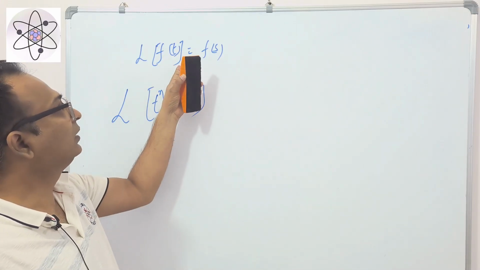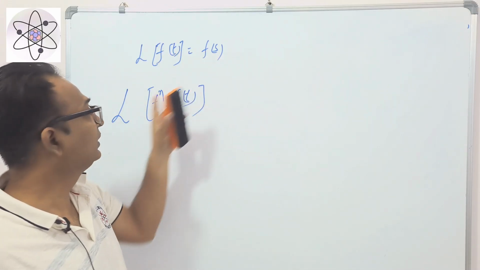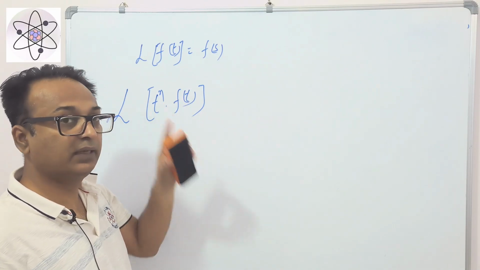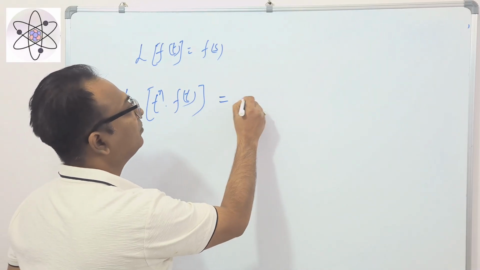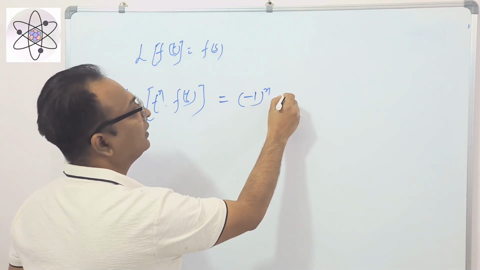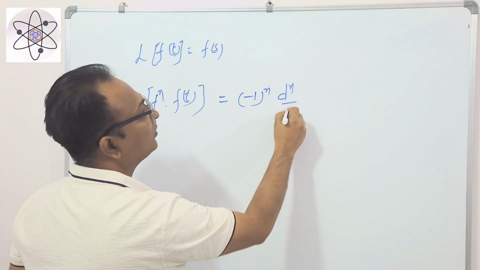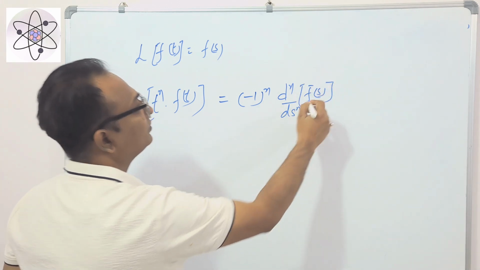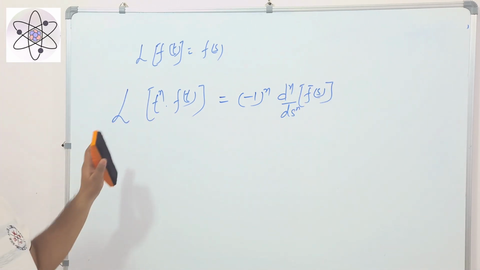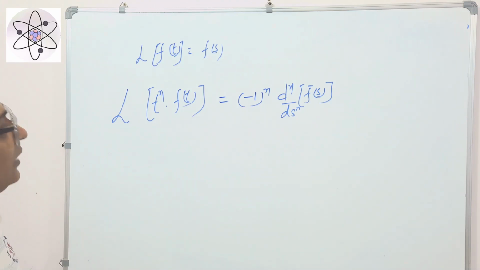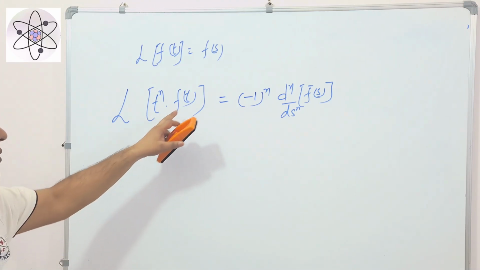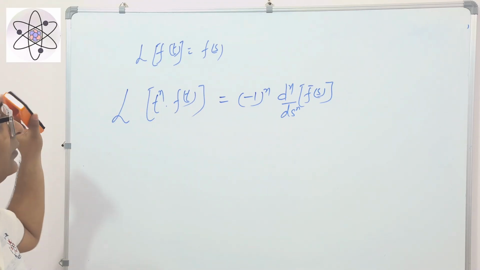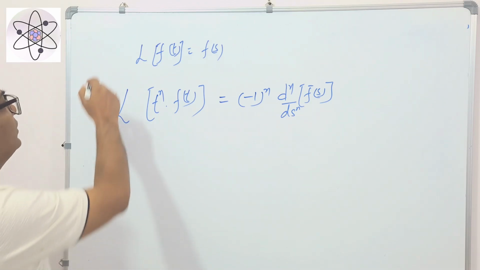We know the Laplace transform of f(t) is F(s). Then the Laplace transform of t to the power n f(t) is minus 1 to the power n, then the nth derivative of F(s). This is how we take the Laplace transform of a function multiplied by t to the power n.